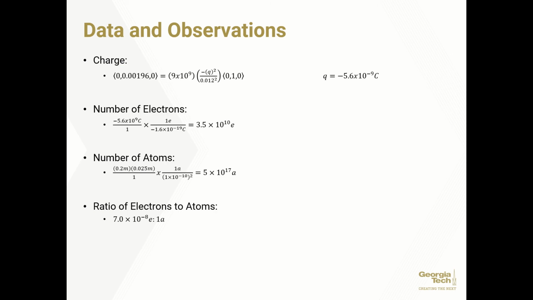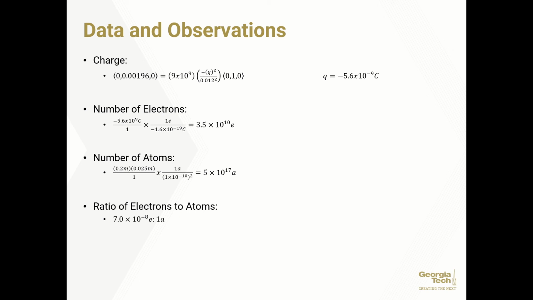Using Coulomb's law, we were able to calculate the charge of the tape. For me, I got negative 5.6 times 10 to the negative 9th coulombs, like I stated earlier. This charge helped us calculate the number of electrons on this piece of tape, which was 3.5 times 10 to the 10th electrons.